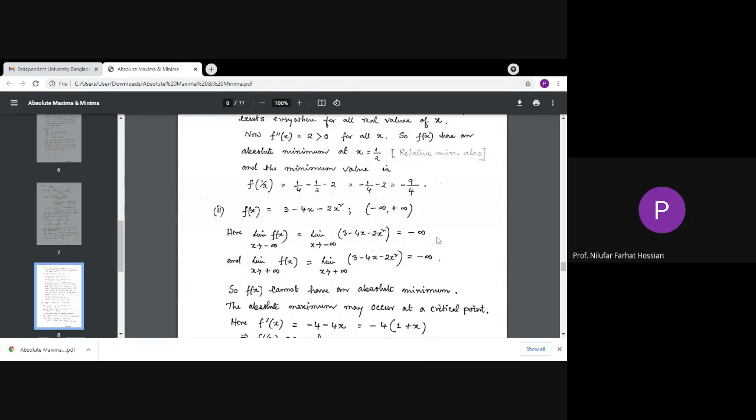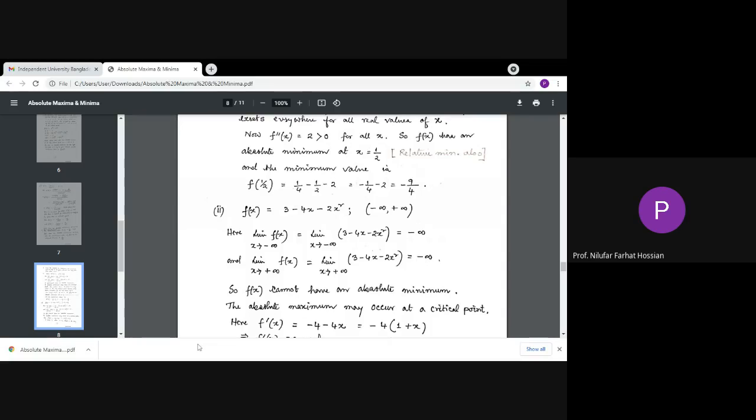So in the left side the function value goes to negative infinity, and in the right side also the function value goes to negative infinity. I am showing it by the cursor. In the right side the graph will go like this, to negative infinity. In the left side also the graph will go to negative infinity.